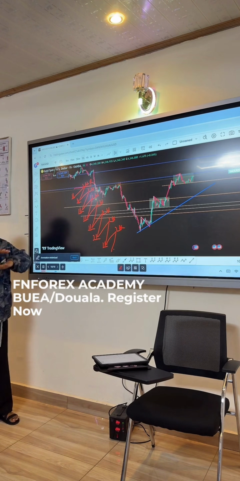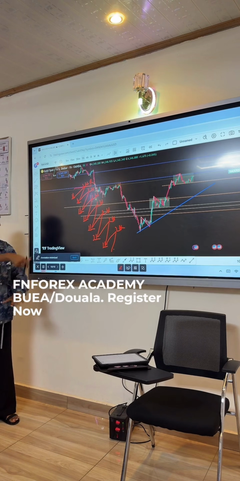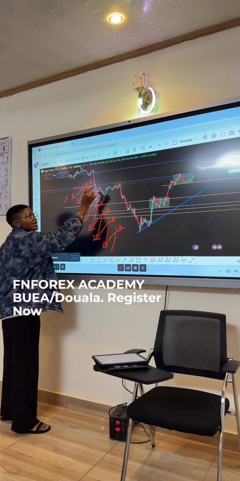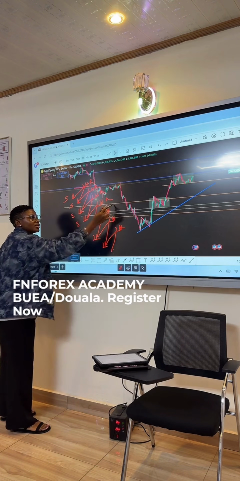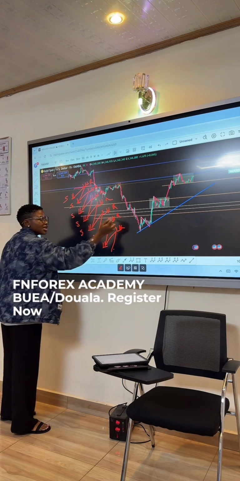A lower low means the next support level down that we are targeting. So this is support, resistance, support, resistance, and so on.